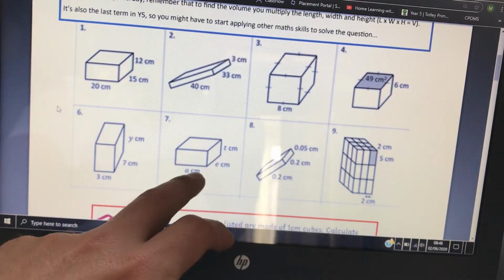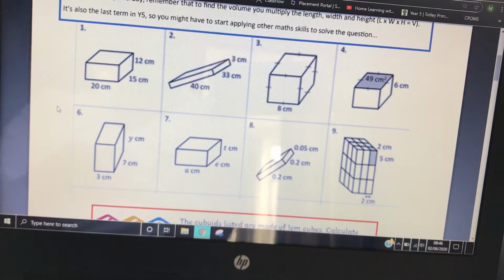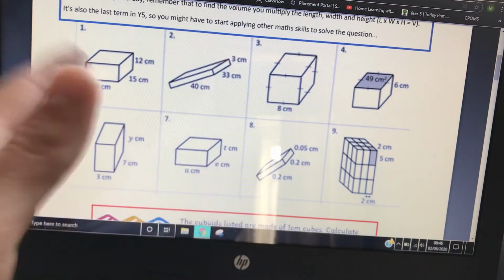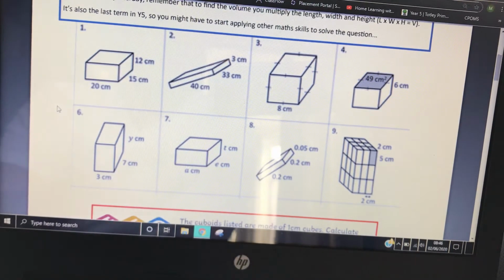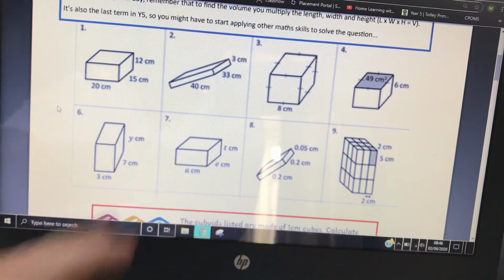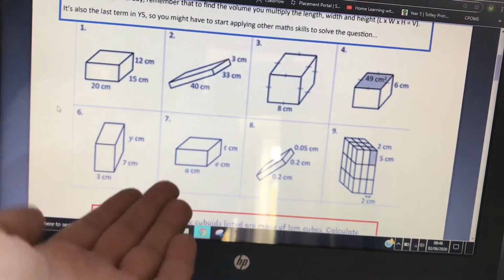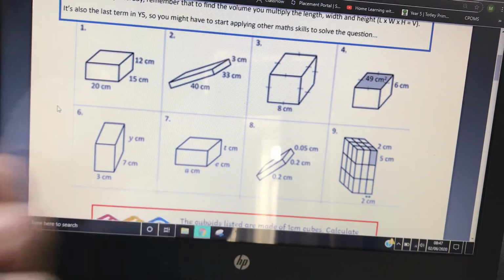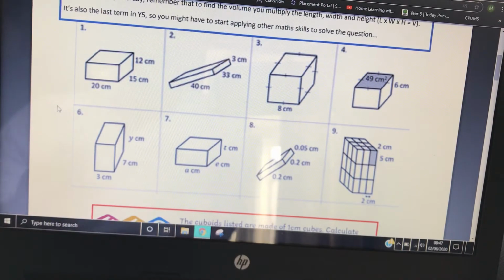You could put the lowest numbers possible. The shortest one can be 1. So t can be 1, and those guys can be 2 or 3 or 4. Let's not make it too hard for ourselves. This is more of a property of shapes question rather than volume, because you've just got to show that you understand what possible lengths these sides could be.